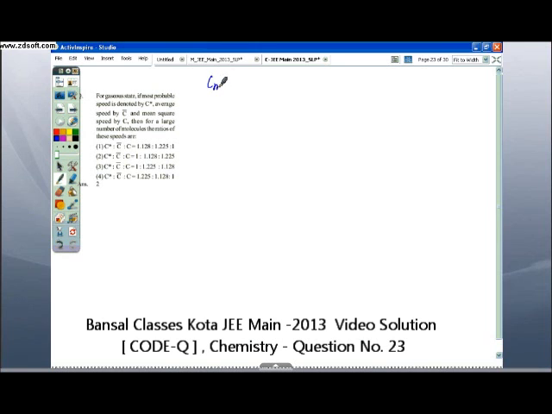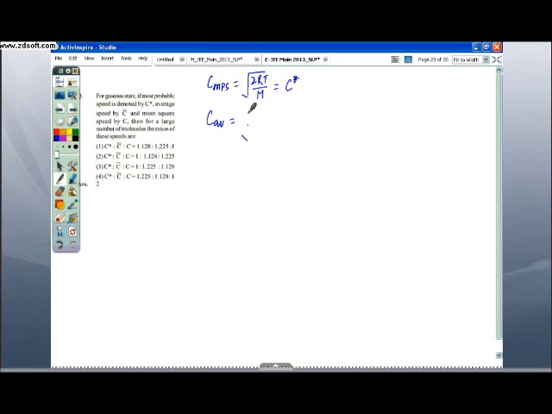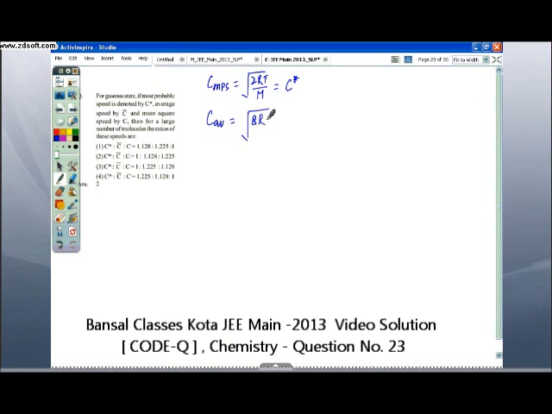Since the most probable speed C star is equal to root under 2RT by M. C average is equal to root under 8RT divided by pi M, and this is C bar. And C RMS is equal to root under 3RT by M, and this is given as C.